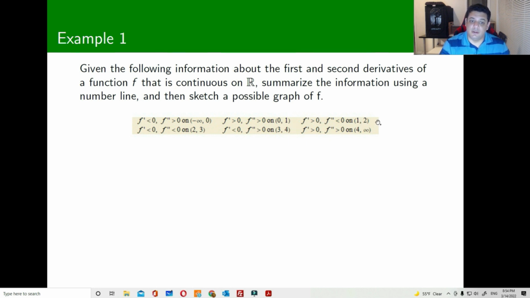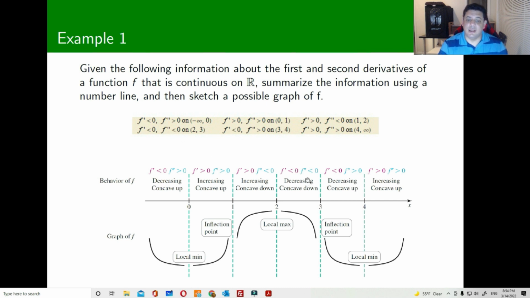In 1 to 2, the function is increasing, and after 2 it is decreasing. So it's very likely that 2 is going to be a maximum. And that is also certified by the fact that f double prime is negative, so it's concave down. So we have that situation going on in there.